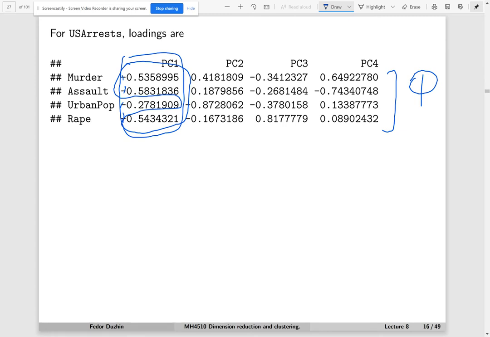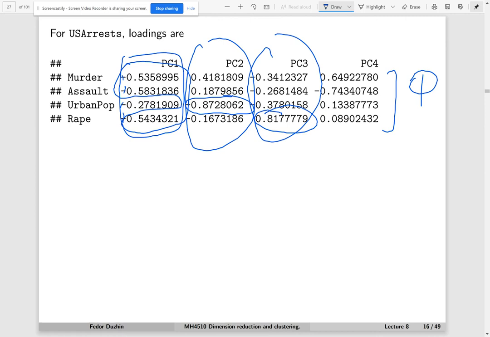If you look at the second loading, then the largest coefficient is at urban pop, and the rest of the coefficients are small. So the second loading is mostly the same as just the percentage of urban population. Now the third loading: here the dominating contributor is rape. So the third loading represents sexual crimes as opposed to other types of crimes.